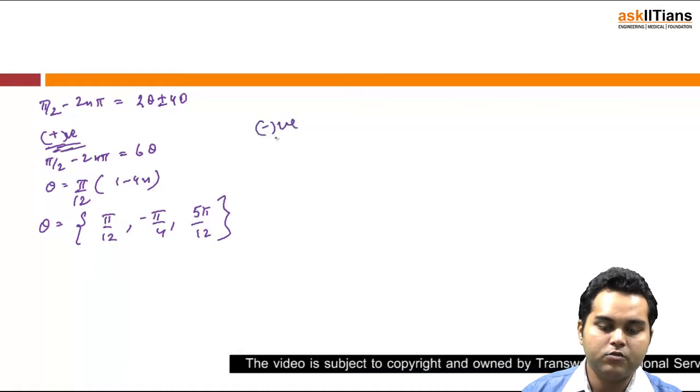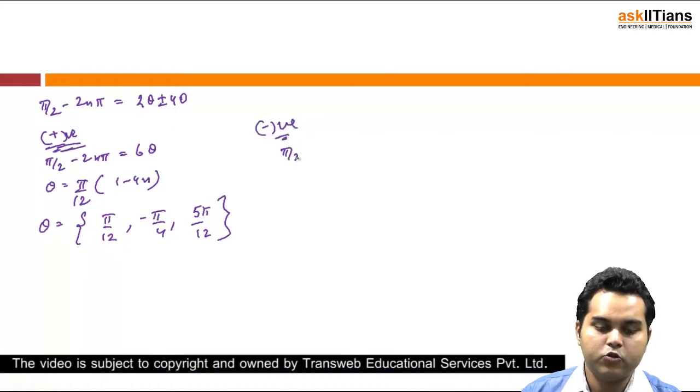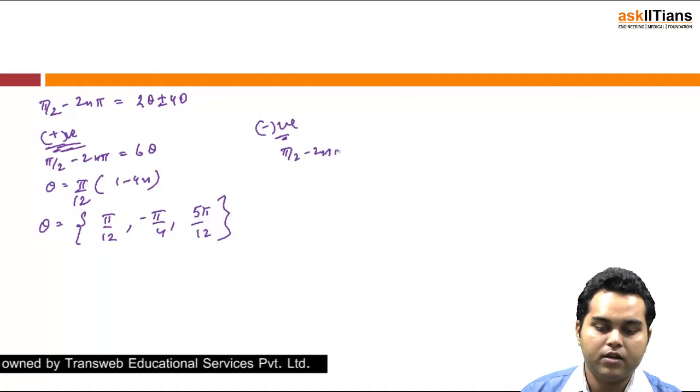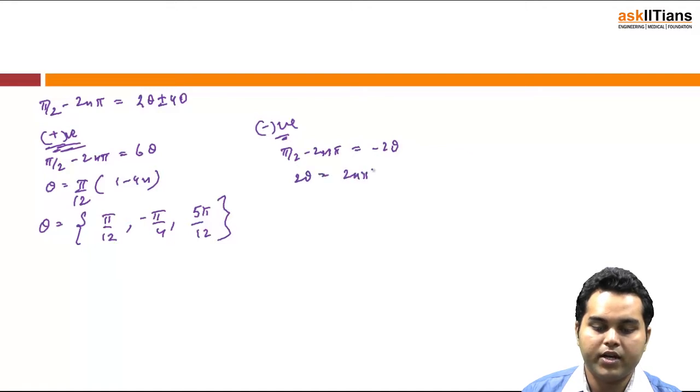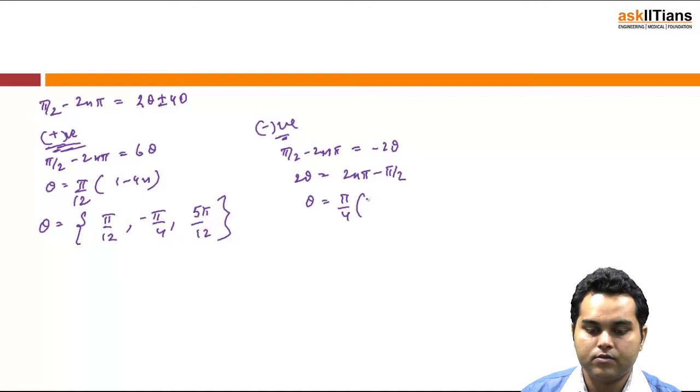Considering the negative sign now, I have pi by 2 minus 2n pi is equal to minus 2 theta, which would give me 2 theta equal to 2n pi minus pi by 2. Theta is equal to pi by 2 taken common and 2 transposed, cross multiplied in the denominator, to give me pi by 4 times (4n minus 1).